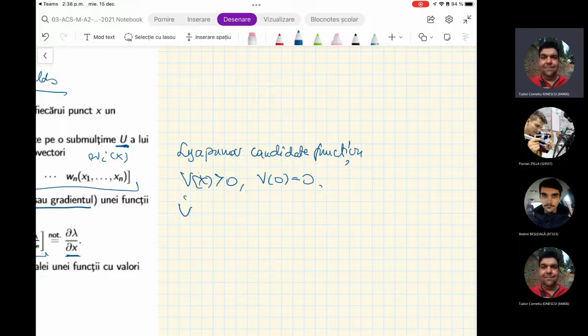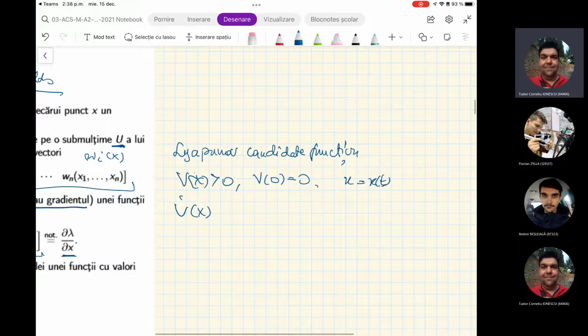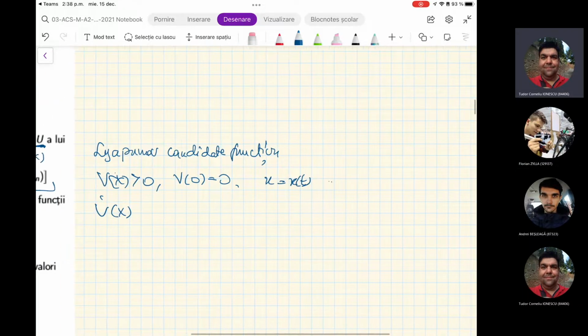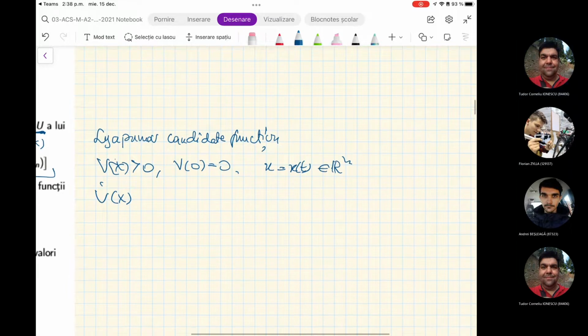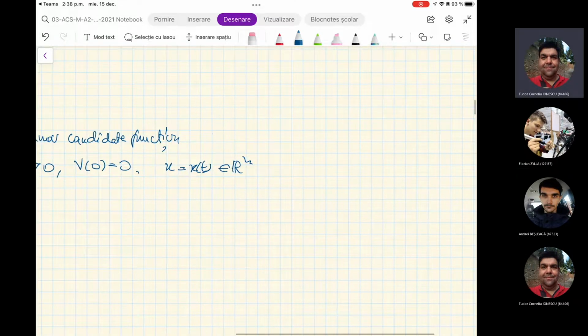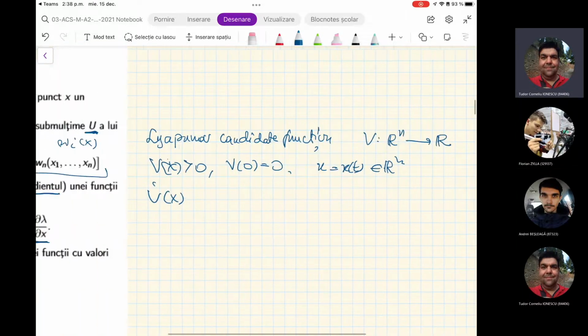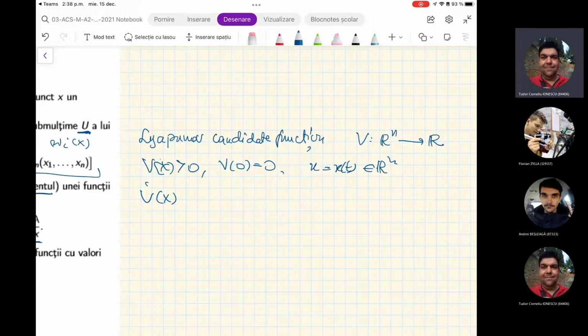And we were defining V dot of x, because this x is x of t, depending on time. x is a vector from Rn, and V is defined on Rn and taking scalar values in R. Then V dot, which was actually dV(x(t))/dt, we applied the Leibniz rule, and it was dV/dx times x dot(t).